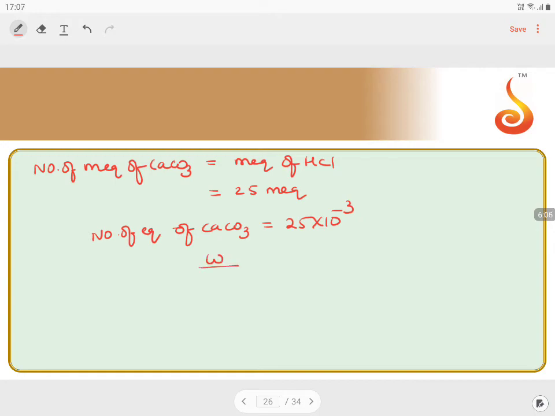Equivalents can be written as weight by equivalent weight, which equals 25 into 10 power minus 3. That implies W equals the equivalent weight of CaCO3, which is 50, into 25 into 10 power minus 3.